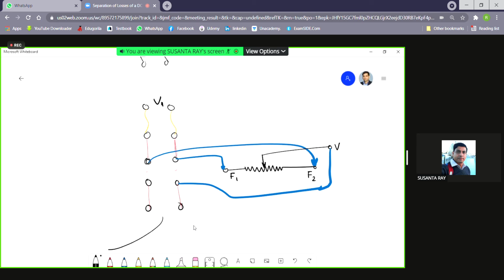Yes, but sir, this portion is open, so we have to bring this down. If we short these two terminals, then your proposition is true, but that is not shorted.